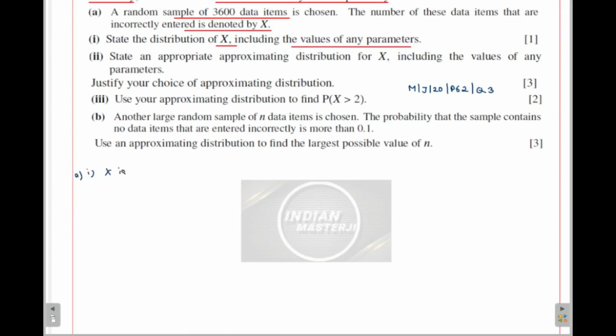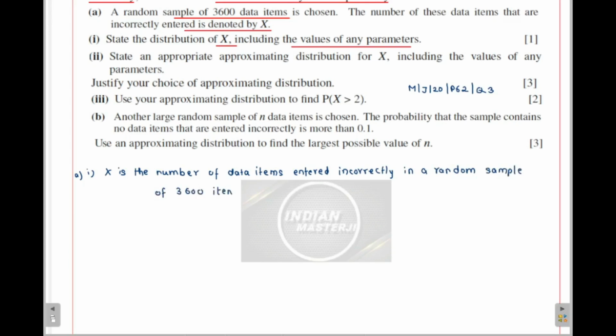X is the number of data items entered incorrectly in a random sample of 3600 items.